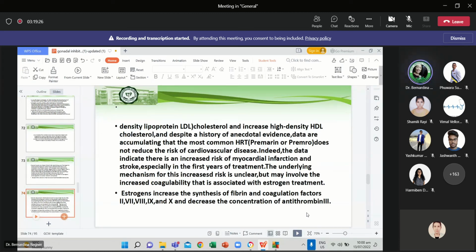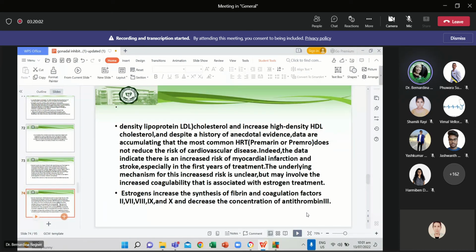It has been found out that estrogens can do the following. Number one, increase the synthesis of fibrin and coagulation factors 2, 7, 8, 9, and 10. I repeat, why is it very risky to give hormonal replacement therapy to a woman with a history of unstable angina, myocardial infarction, or myocardial ischemia?